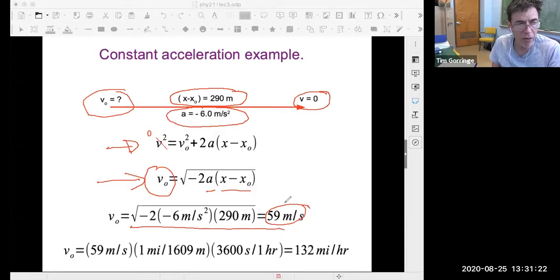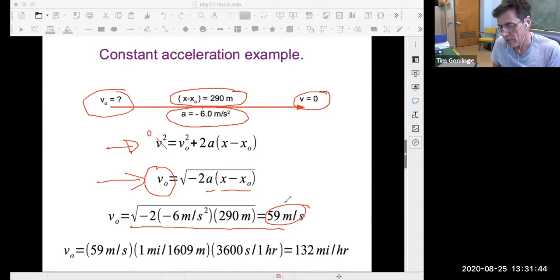Let me make a remark about signs in this particular problem. Signs of the different quantities, like velocities, like displacements, like accelerations. We said that in one-dimensional motion, we use the sign to indicate the direction.